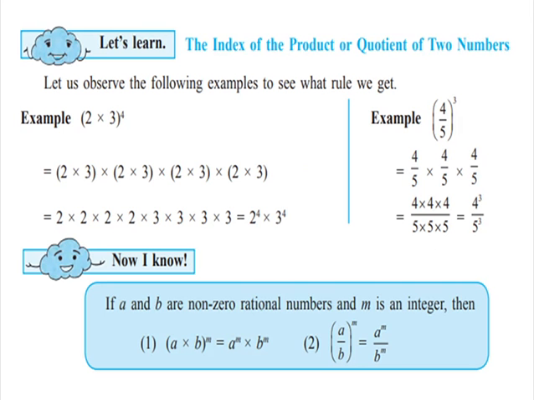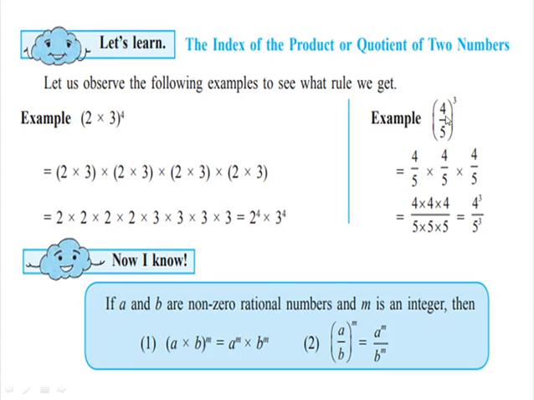First we will start with index of the product or quotient of two numbers. Now from the name itself, the index of the product, that is, here the base is taken as the product and this is the index. This is the index of the product of numbers. Now also quotient of two numbers it is.